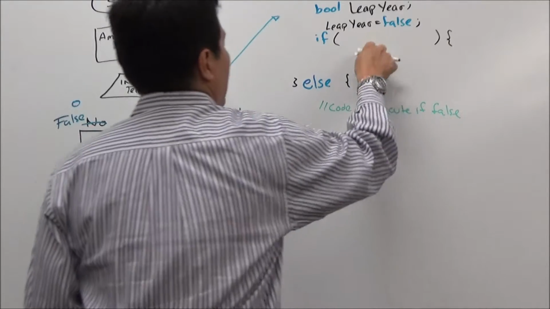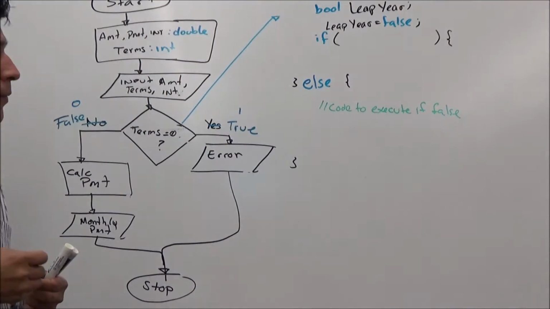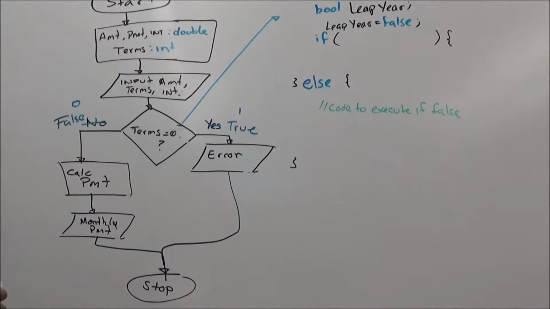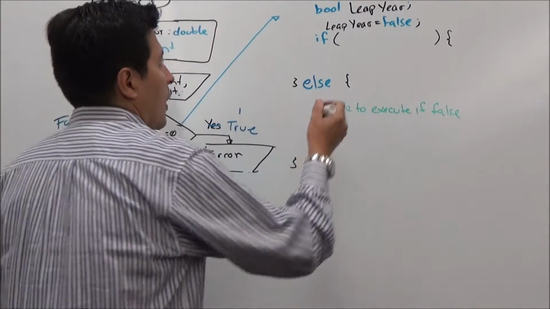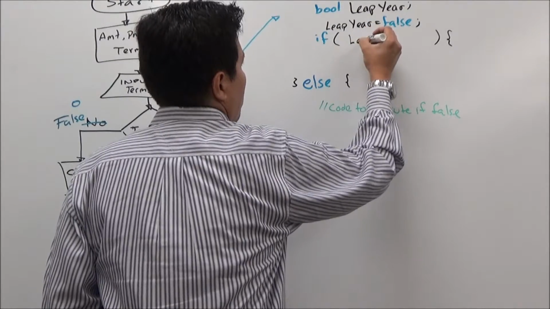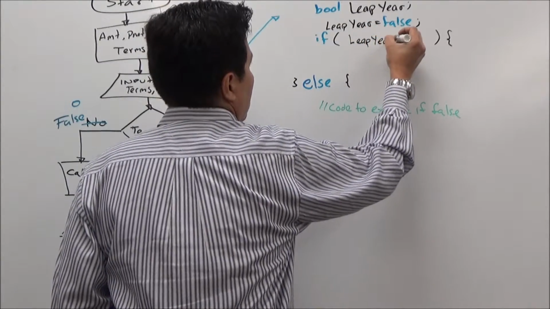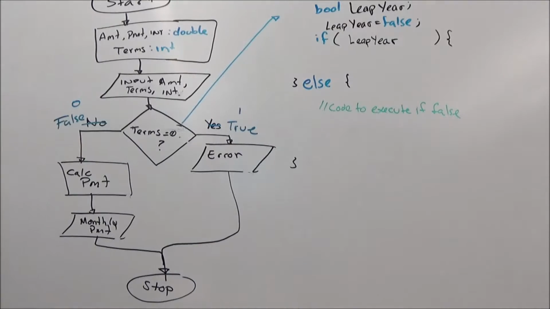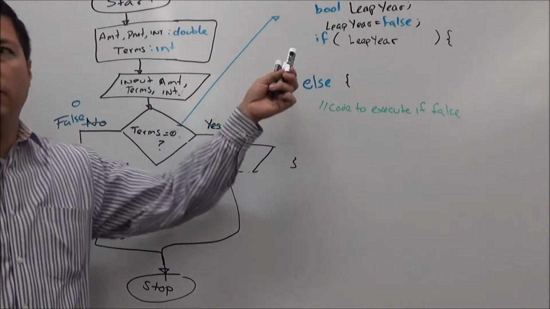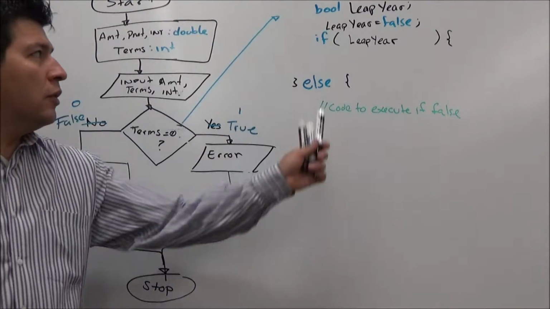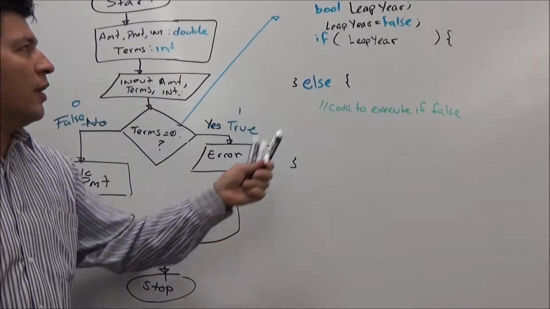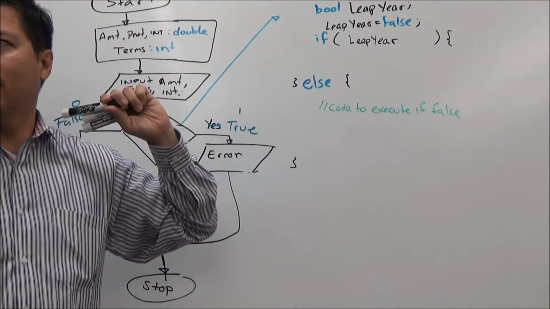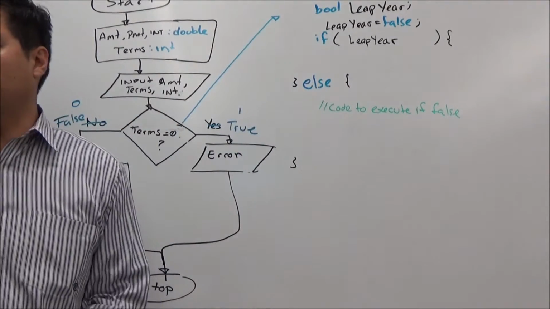So inside my logical test, I could just use the variable itself. I can just write leap year. Why? Because the variable is true or false, so this returns a true or false. I don't need to say is leap year true, because the variable itself holds true or false values.